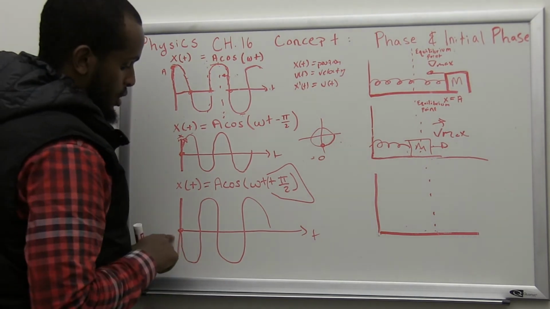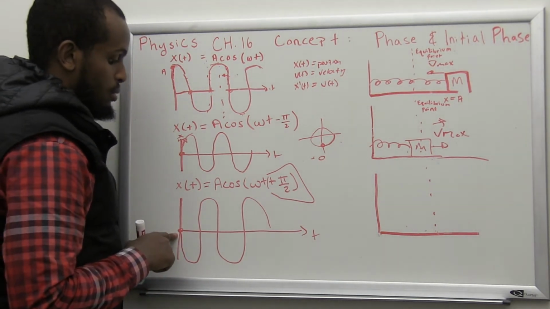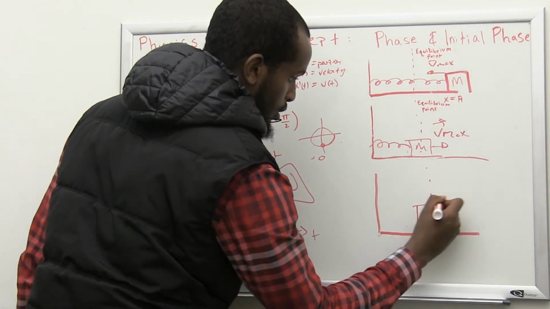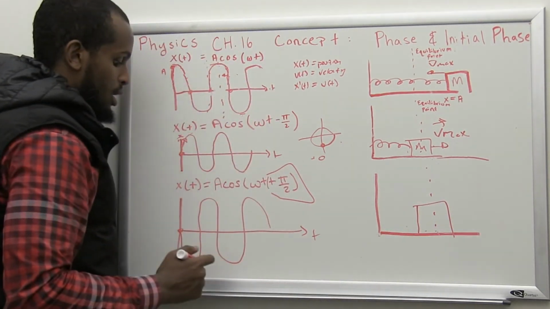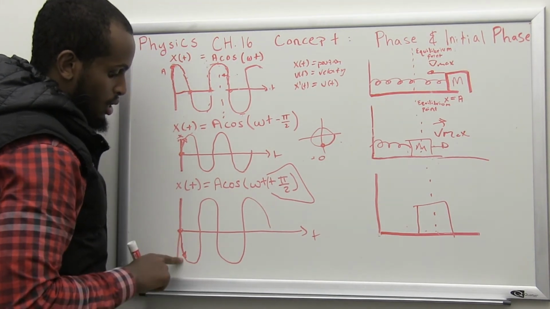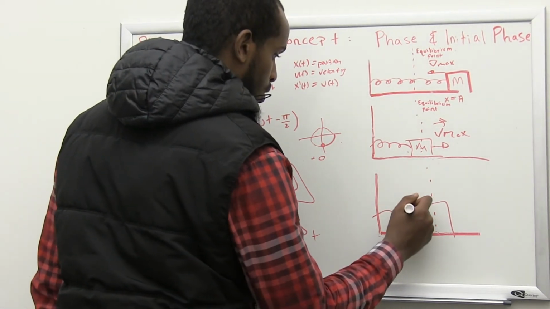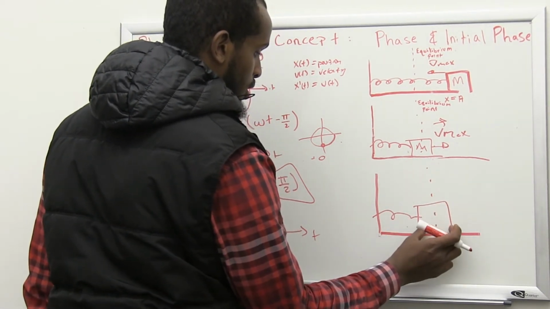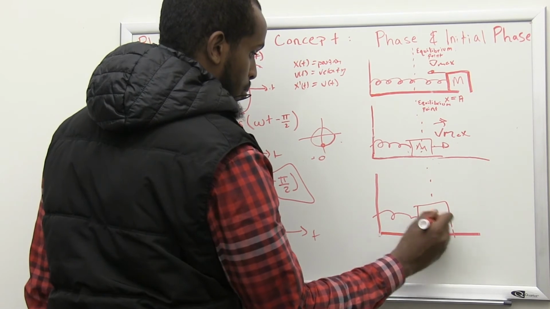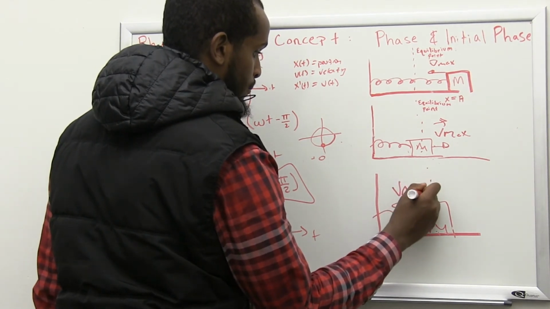So that means x of 0 is going to be 0. So that means our block started from the equilibrium point. And if you find the slope of this, you see the slope is negative. So that means at that point the velocity is coming back this direction. The block is moving this direction.